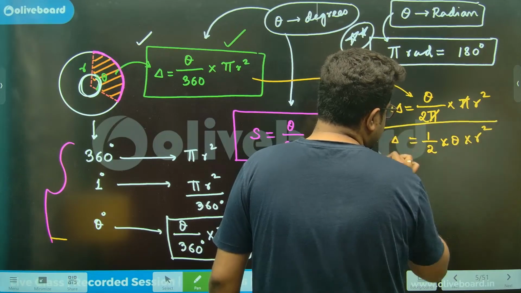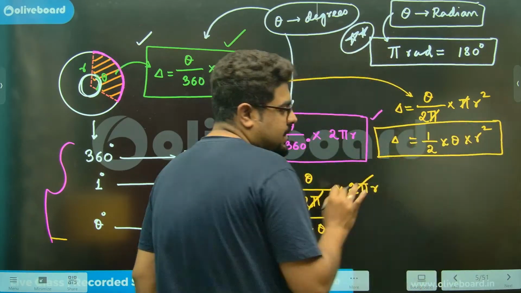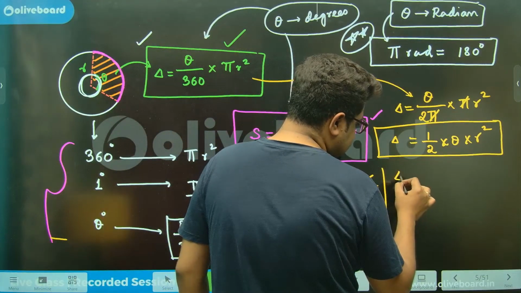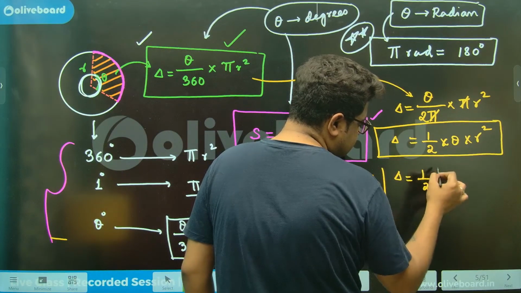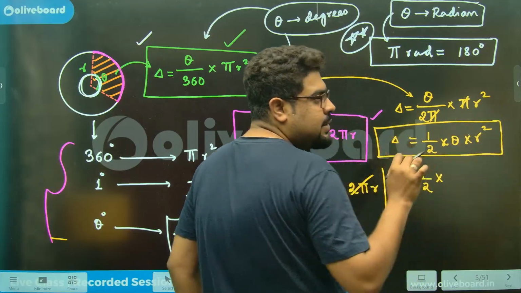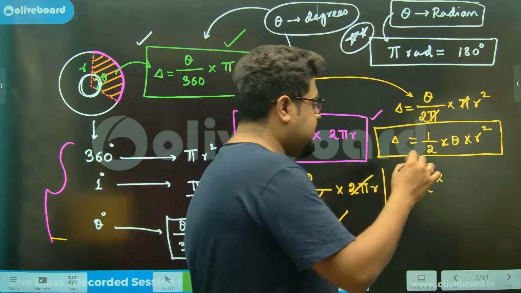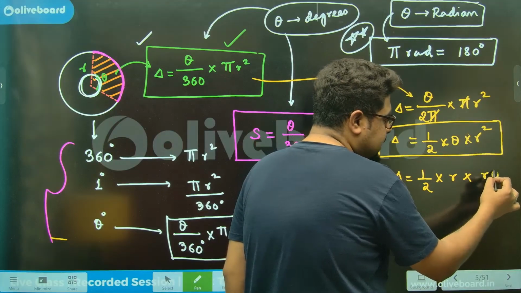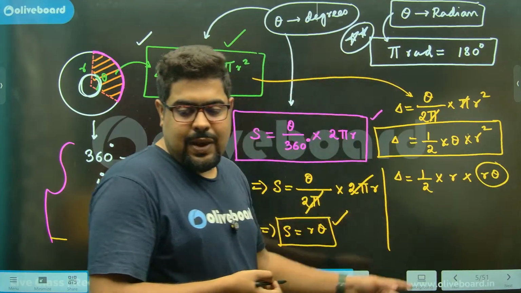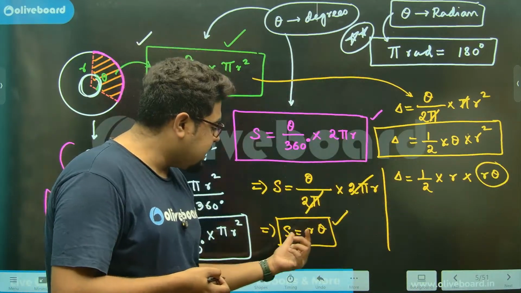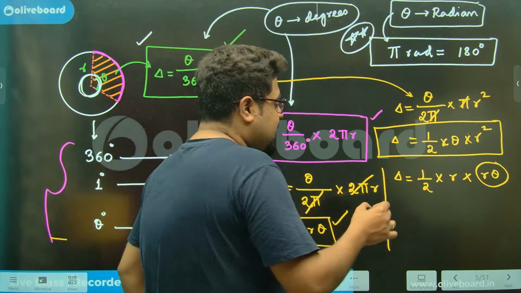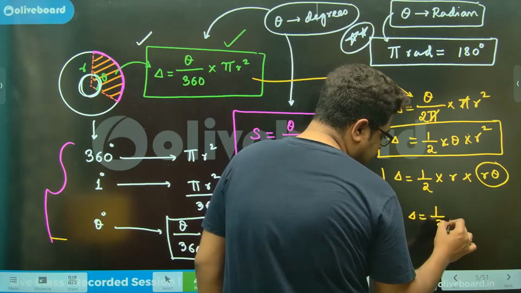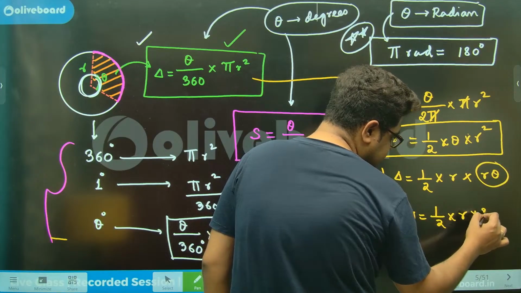You can remember it like this, but the better way is: half into r square, meaning r into r. Keep one r here, and the other r into theta I write here. Now r theta means S. So delta is equal to half into r into S.